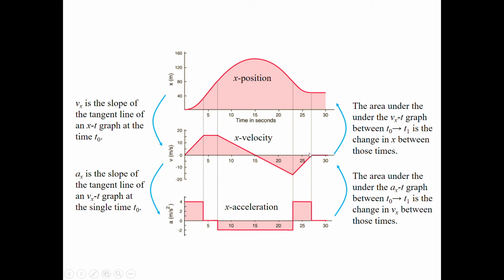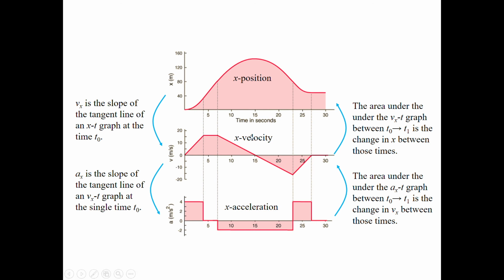And it is. It's going up from a negative value to a 0 value, and that's a positive change. Area is negative between 10 and 15 under this curve, and between 10 and 15, the change in the x velocity is negative. It's going down from a positive value to a less positive value, and so on.